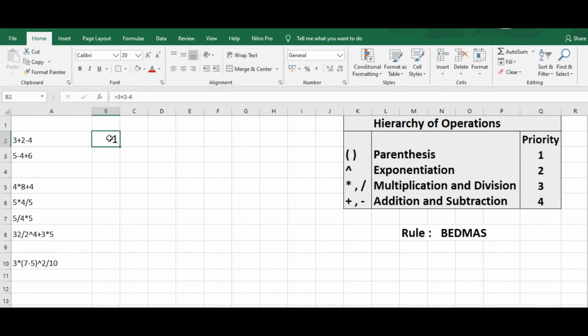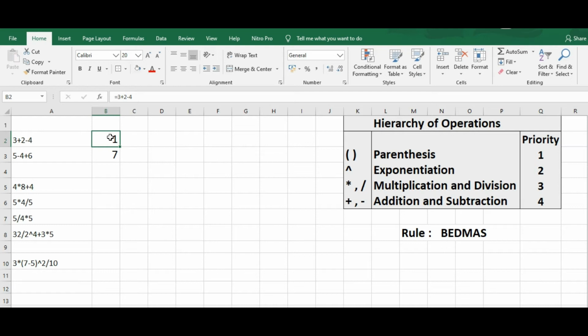It evaluates to 1. Let's go to the next one: 5 minus 4 plus 6. It evaluates to 7.